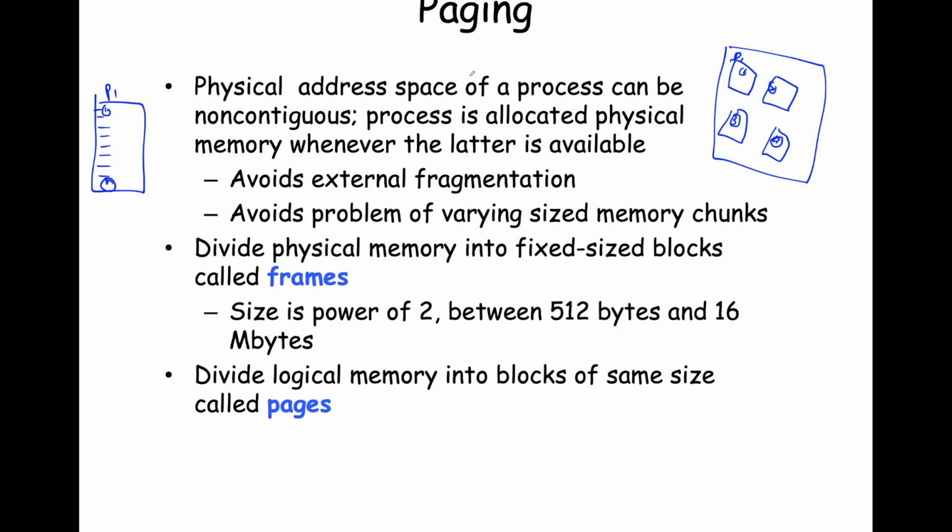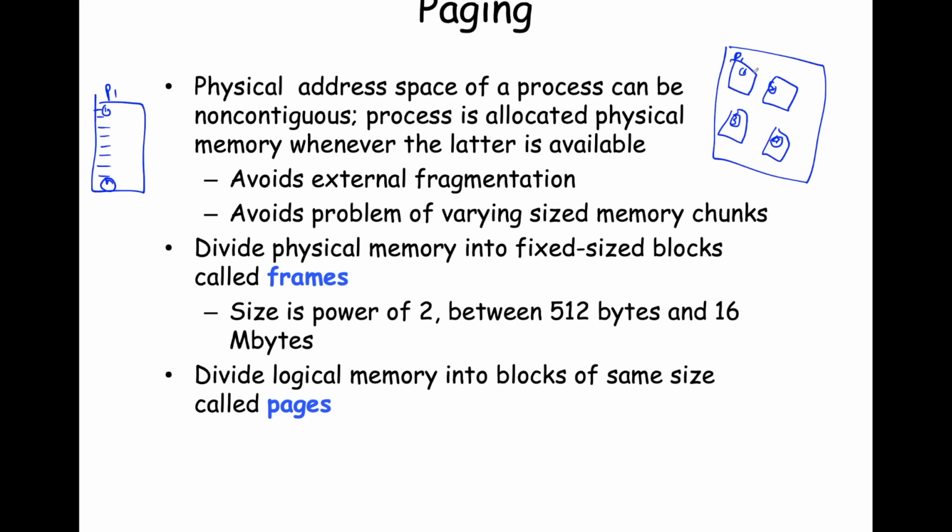And so when the physical address space of a process is non-contiguous, you can now allocate physical memory whenever it's available. And so this avoids or significantly avoids altogether external fragmentation because you have much smaller chunks and you can now allocate those small chunks to avoid that fragmentation. And this also avoids the problem of varying sized memory chunks.